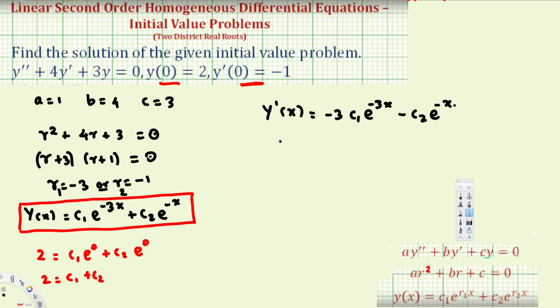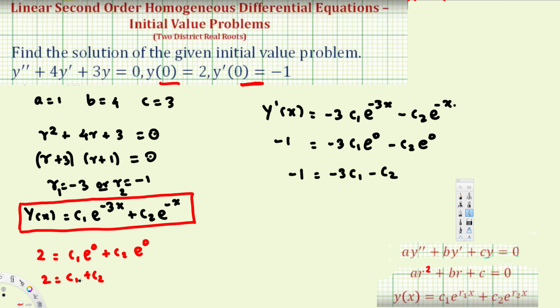Plugging in 0, this is negative 3 c1 e to the 0 minus c2 e to the 0, and e to the 0 is 1, so negative 1 is equal to negative 3 c1 minus c2.